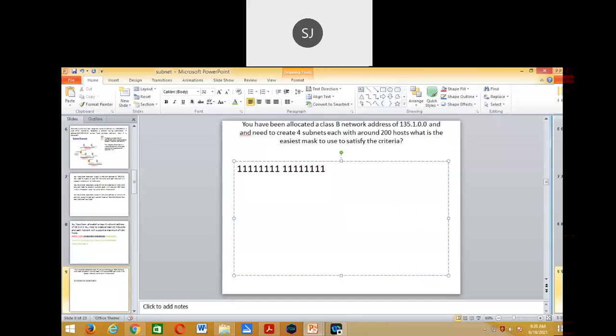In the host ID, 2 bits we have to use for subnet ID. So 2 bits means 1 1, and the remaining host bits have to be 0. Okay, is it not the subnet mask?